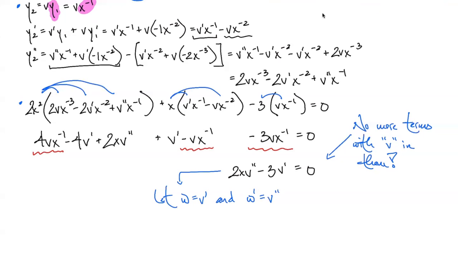If we have W equals v prime, then when we take the derivative of the left-hand side, well, we sure better take the derivative of the right-hand side. Now let's make that substitution. 2x W prime minus 3W equals 0.